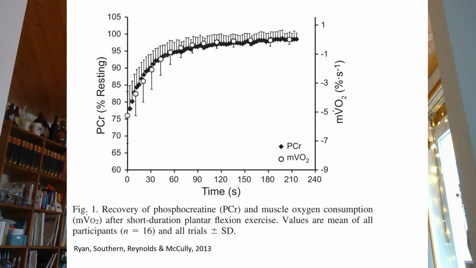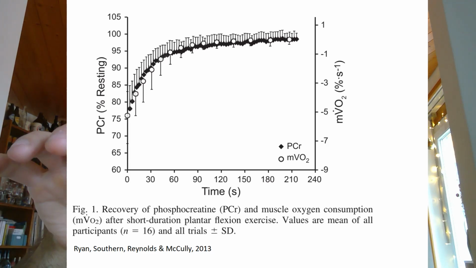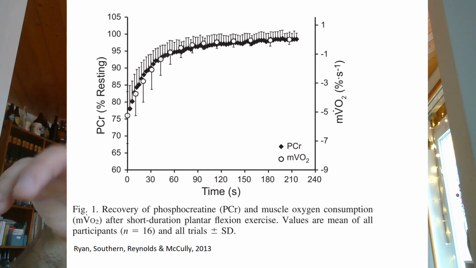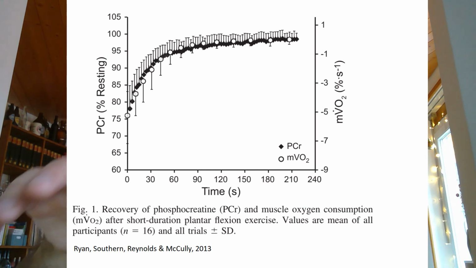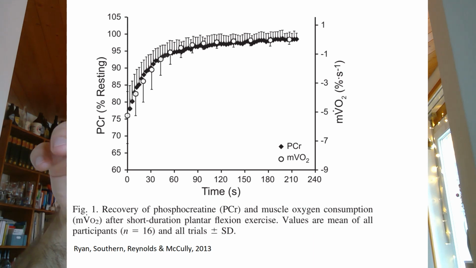What McCulley showed is that your muscle VO2 measured by NIRS, so the rate at which NIRS shows changes in muscle oxygenation, is very, very similar to the rate of creatine phosphate recovery. If we think about Richardson's work, linking O2 availability to the rate of recovery of PCr, it makes sense that these two things are going to be very similar.